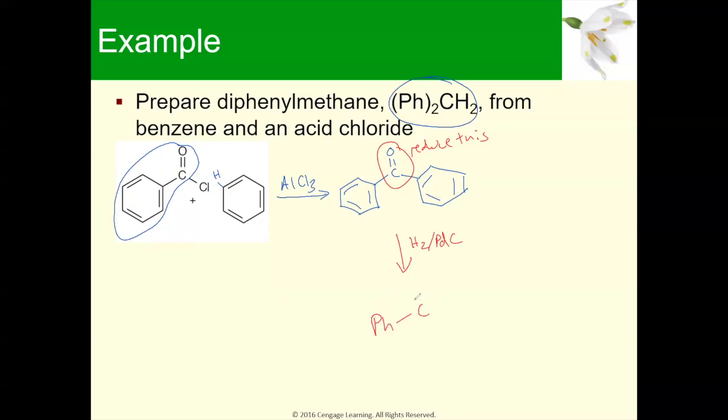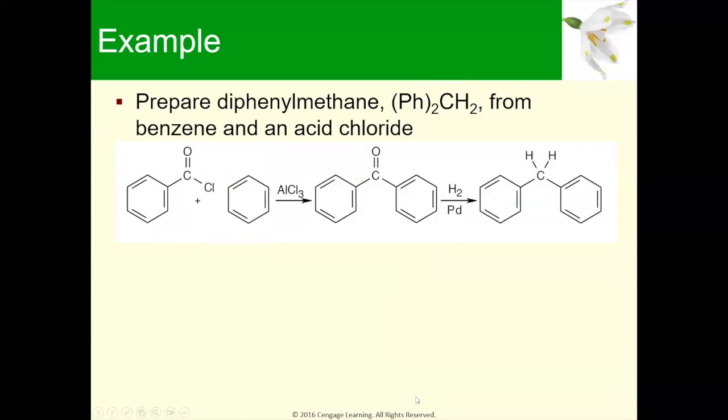Remember, phenyl is just the way you name a benzene ring when it's a substituent. So we just do a Friedel-Crafts reaction to get this intermediate compound, and then we just use reducing conditions, and it works because both of these benzene rings are going to activate that carbonyl for reduction, and you end up with the desired product.